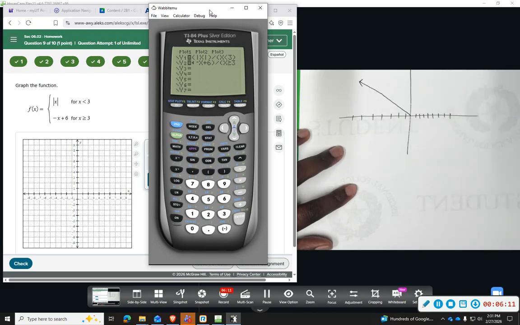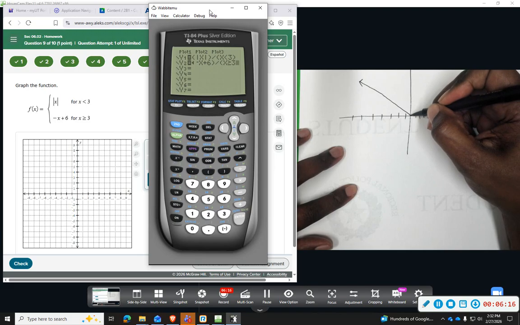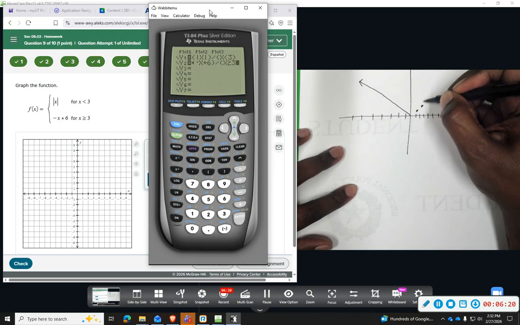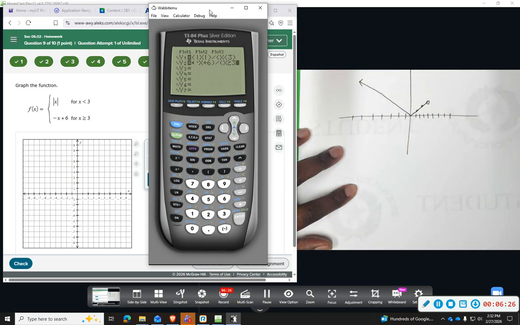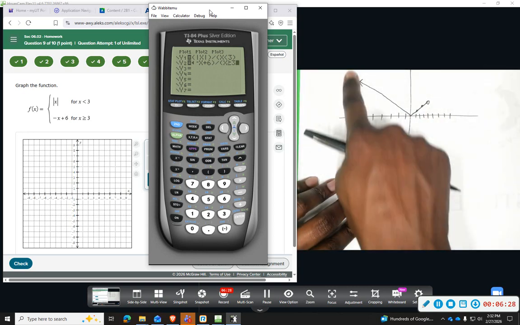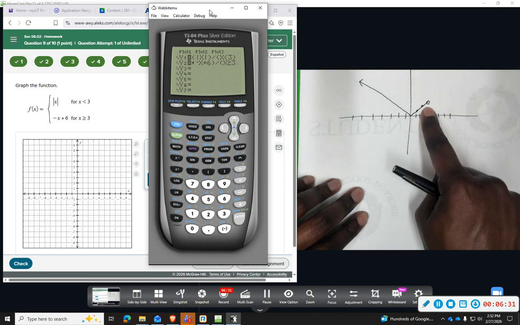This graph is working for x less than 3. So if I go up 1, right 1, that's 1, up 1, right 1, 2, up 1, right 1, 3. Less than 3, open circle. So the absolute value of x less than 3 would be V-shaped, but it would cut off at 3.